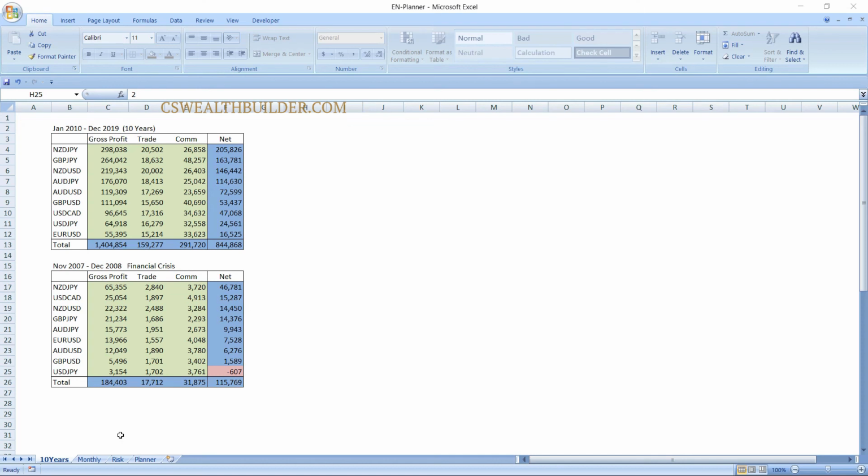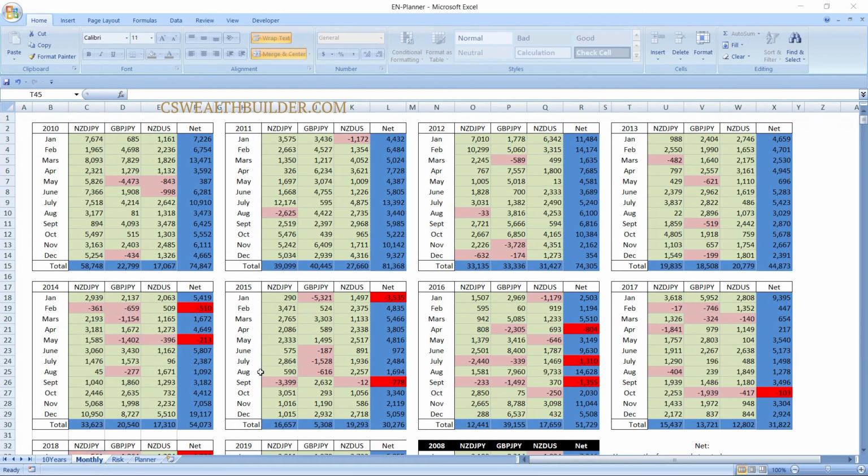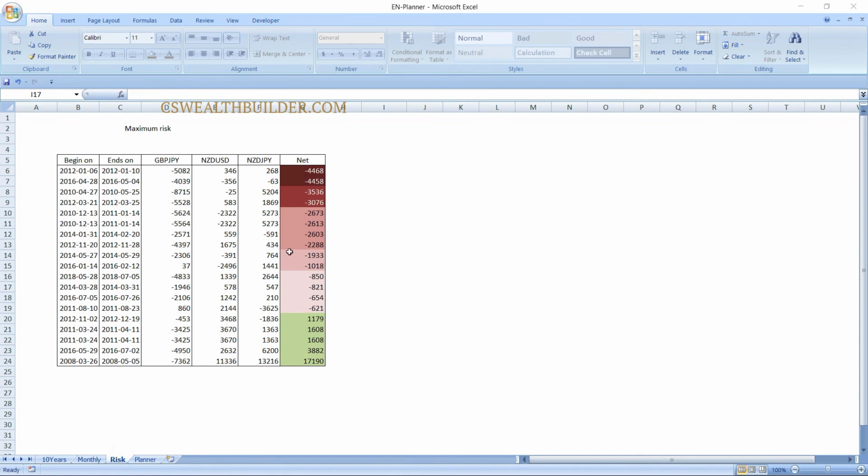Then you have something that is profitable for 11 years, that is profitable every year, that is profitable 11 months out of 12, that is recession proof, and we have a maximum risk of 44.68% of the account.